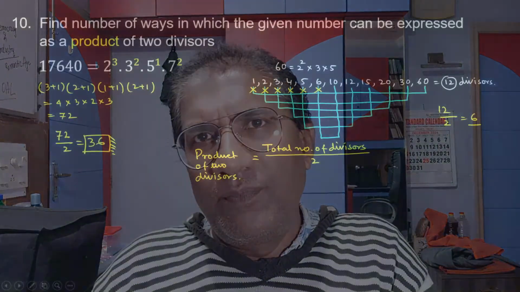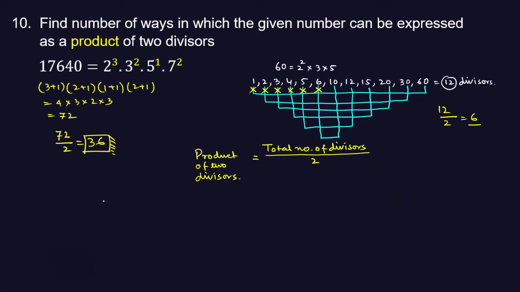it so happens that the total number of divisors which is coming is odd. Let me take an example. Let me take a number like 2 square into 3 square. This is basically 36.